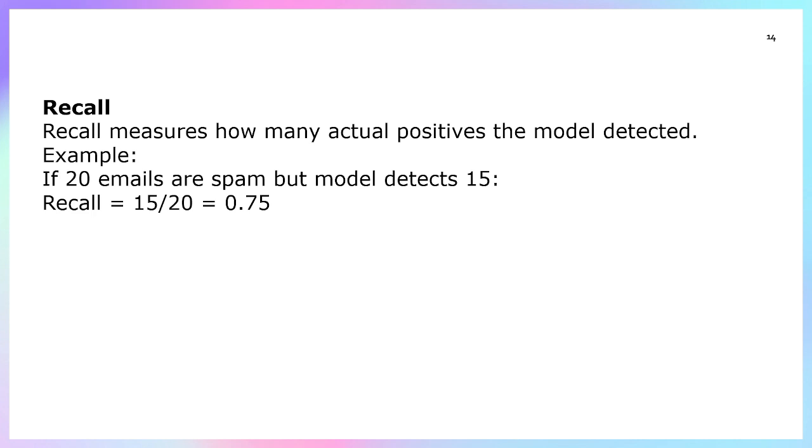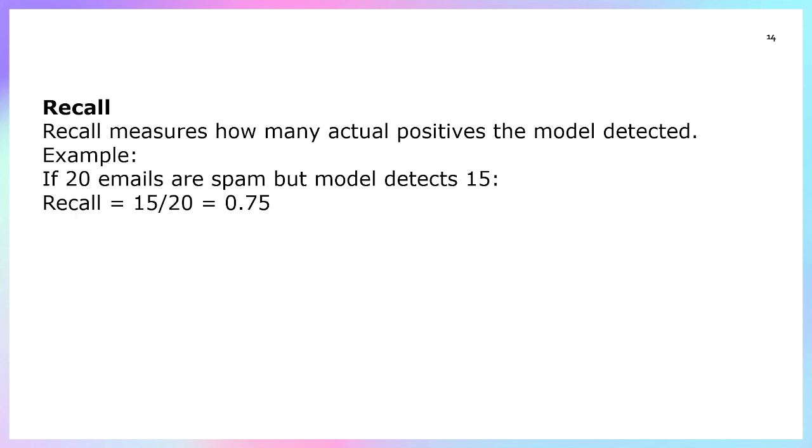Whereas in precision, we use true positive plus false positive, here we add false negative in place of false positive, right?